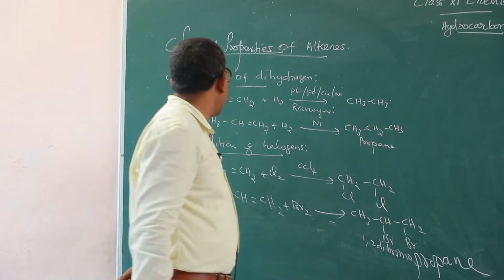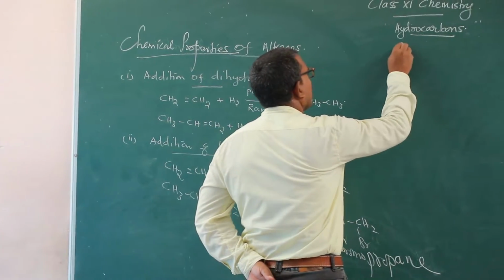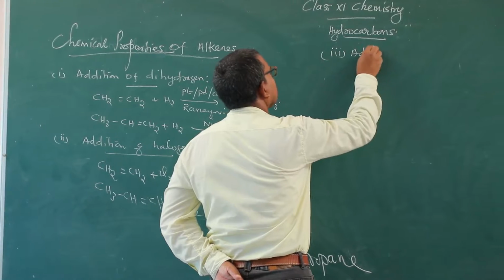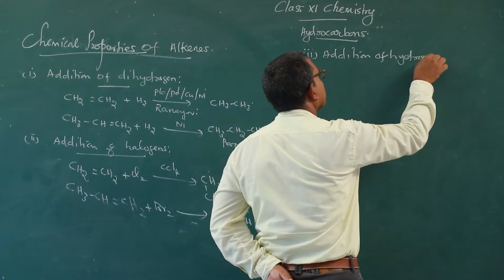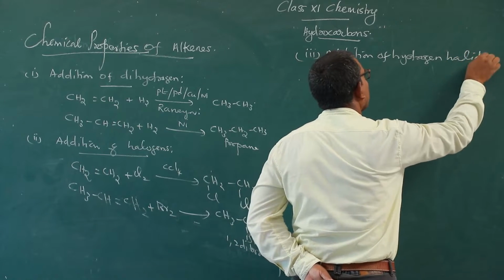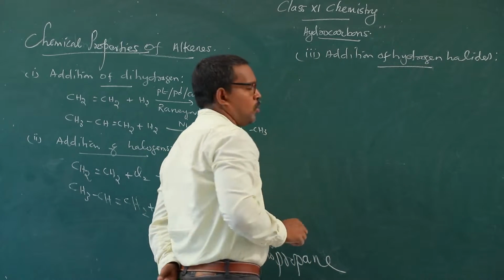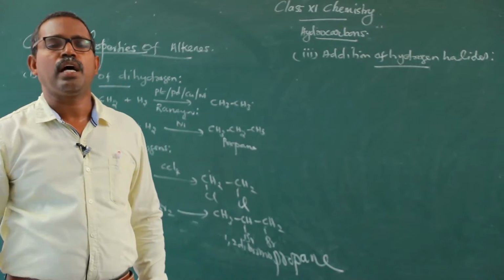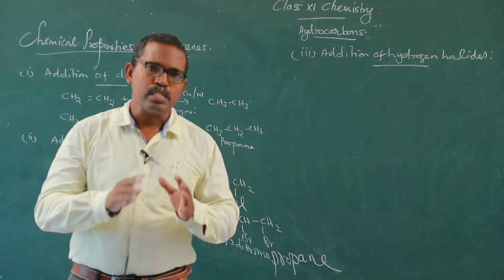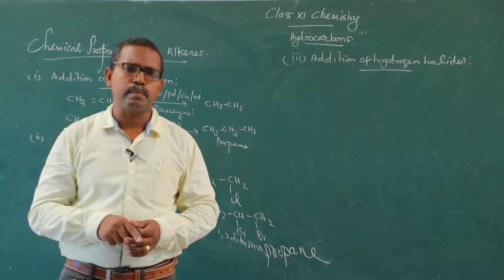Now, addition of hydrogen halides. In this addition reaction, we classify the alkenes into two categories, symmetrical alkenes and unsymmetrical alkenes.